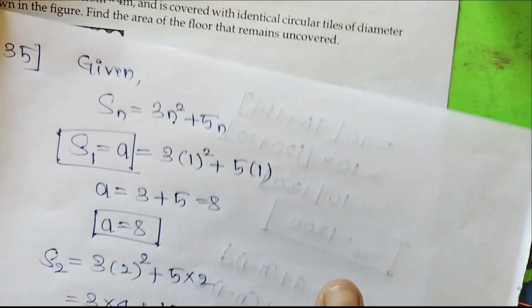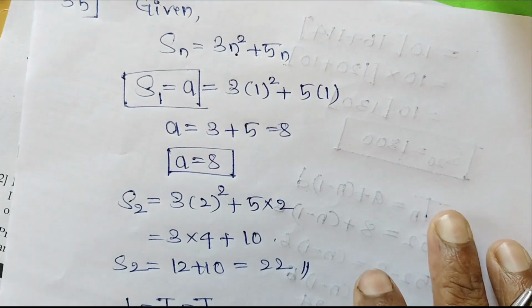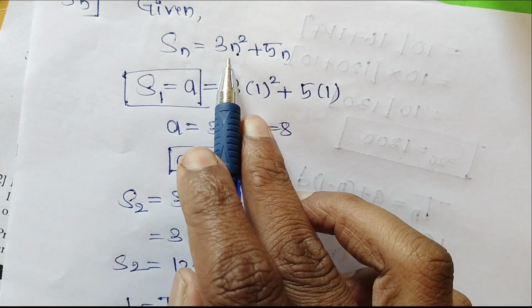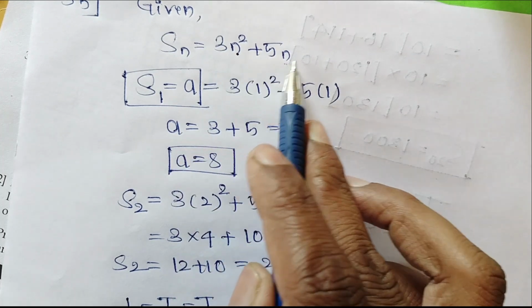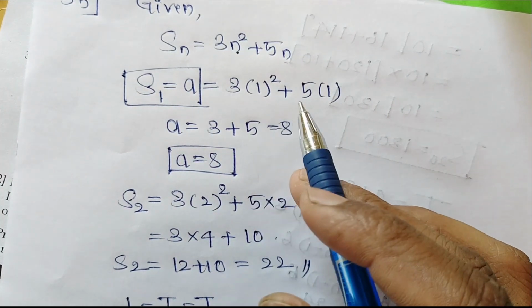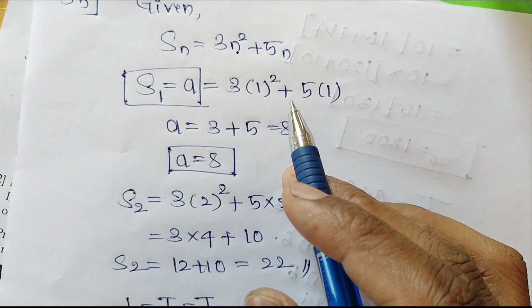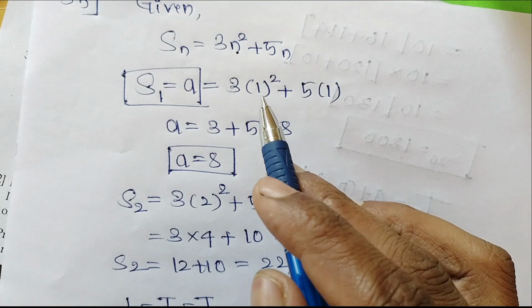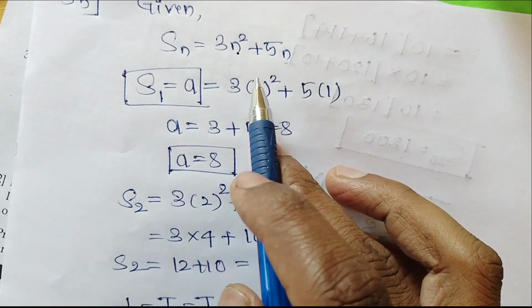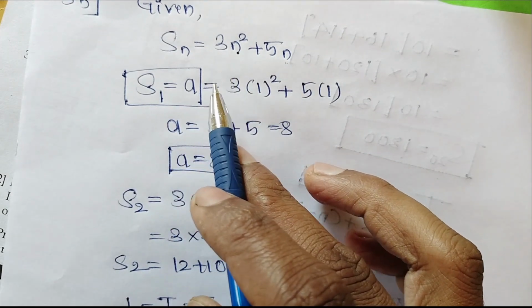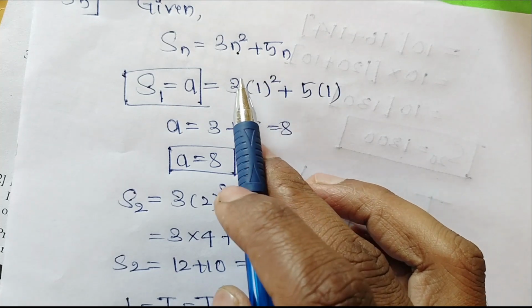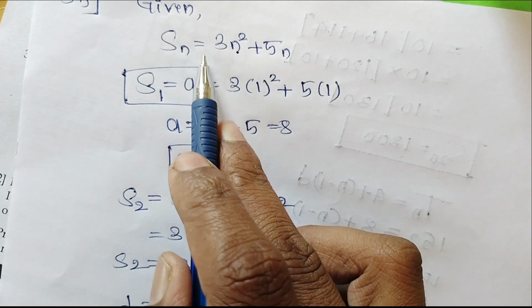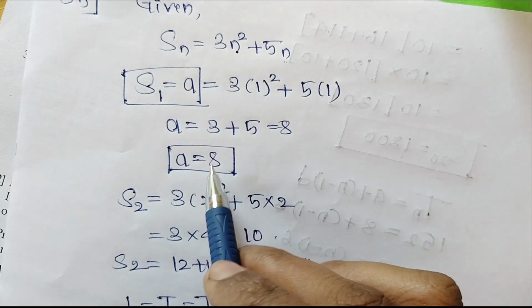How did we arrive at this solution? We know the general statement for the sum of first n terms is given already, that is 3n square plus 5n, and using this we find the sum of 20 terms and the term which is 152 in this AP. For that we need the first term a and the common difference. For the first term a we substituted n equals 1 and got a as 8.